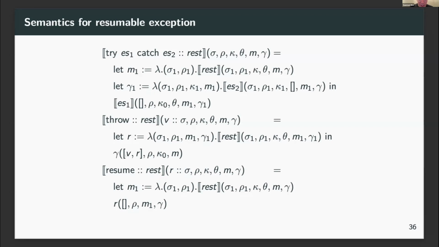Gamma takes a stack which only has two elements, the current meta continuation, and also an initial empty continuation to delimit the context. The resumption is sort of similar, but we are putting the rest of the instructions into a meta continuation. And then we resume the resumption value on top of the stack, which is the value R here.